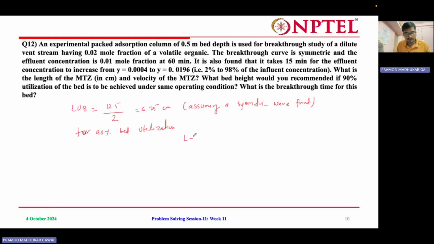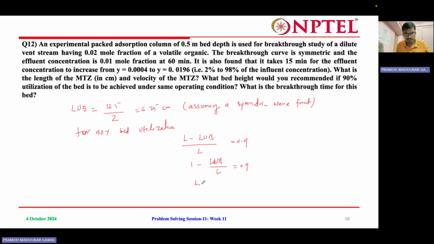L minus LUB, length of unused bed, divided by L equal to 0.9. Here it is 90%, right? So 1 minus LUB over L equals 0.9, right?